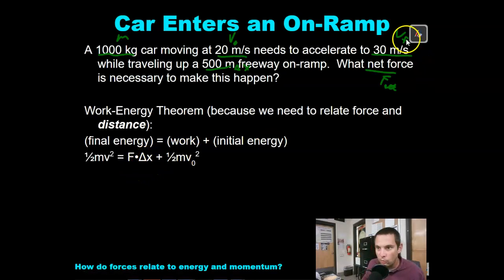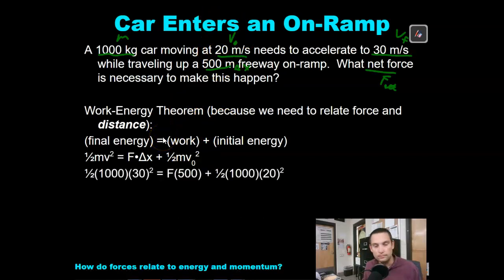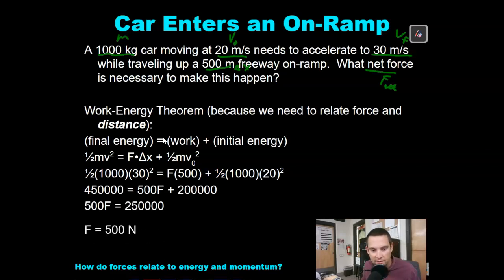Our final energy, we're moving, we have a velocity, so 1/2 mv squared equals the force times the displacement, we need the force and we have the displacement, plus our initial kinetic energy. Plugging in our numbers and solving for F, we finally get F equals 500 newtons.